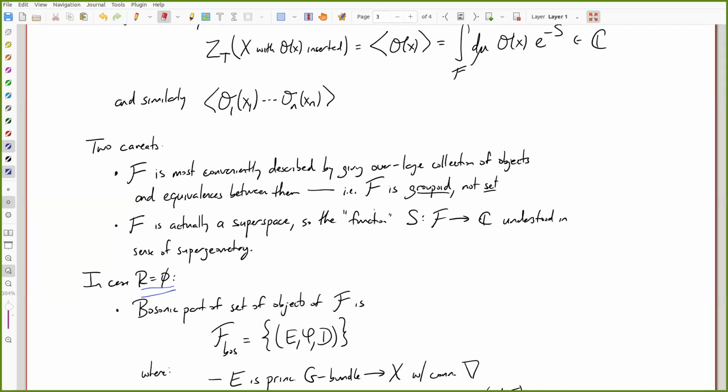So that one loop computation of the running turns out to depend on what representation you have. And roughly, if the representation is trivial or sufficiently small, then the running goes in the direction you want, meaning that the coupling gets weaker at high energies.